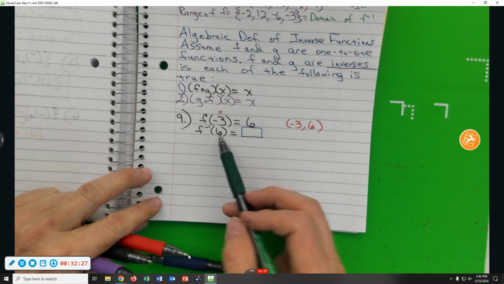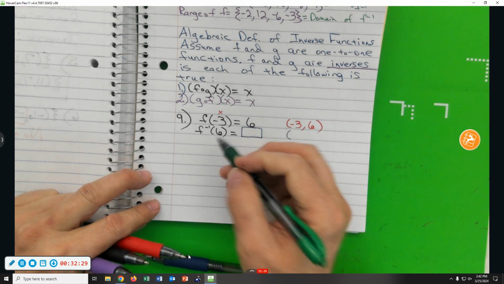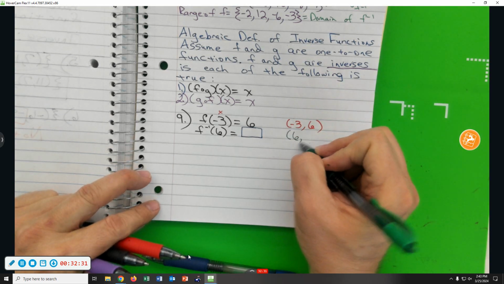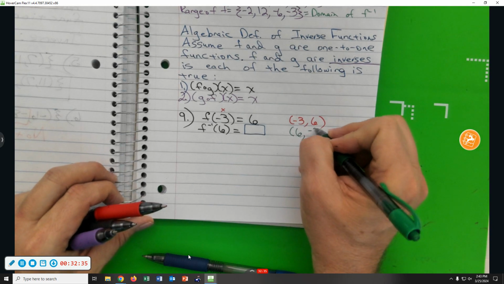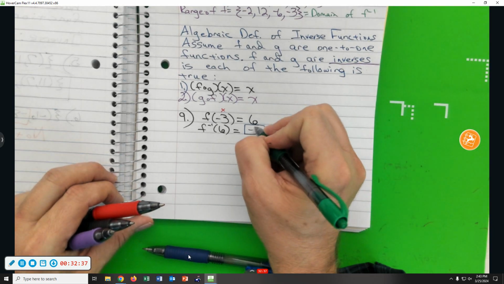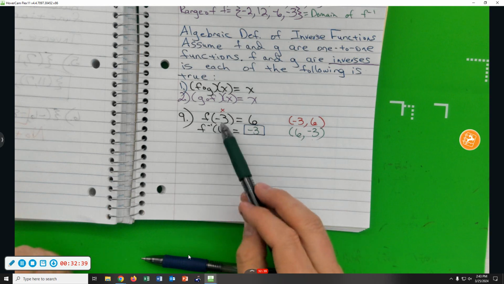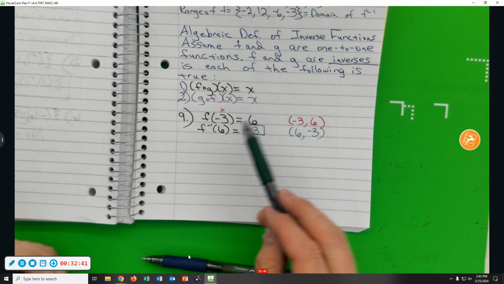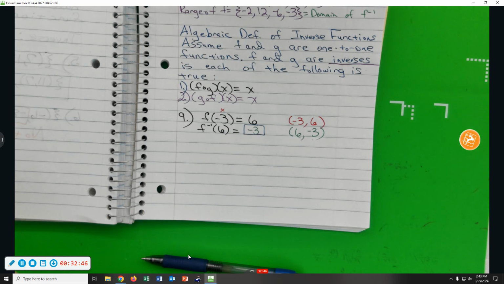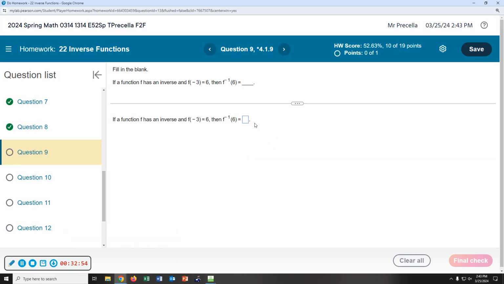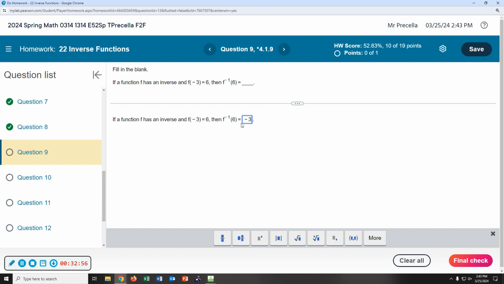In the inverse, the x value is 6. What does the y value have to be? -3. So if f of -3 is equal to 6, then f inverse of 6 is equal to -3, thank you.